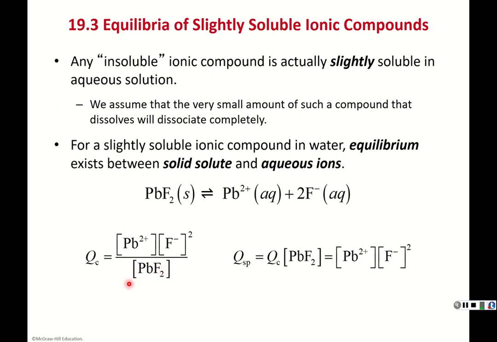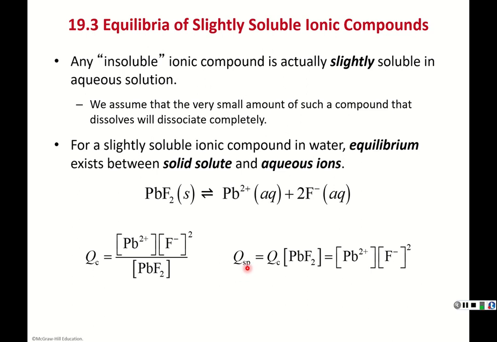But remember that that reactant concentration there is a solid, so that usually doesn't really factor in, right? So that's where we get this Qsp, and that sp stands for solubility product.